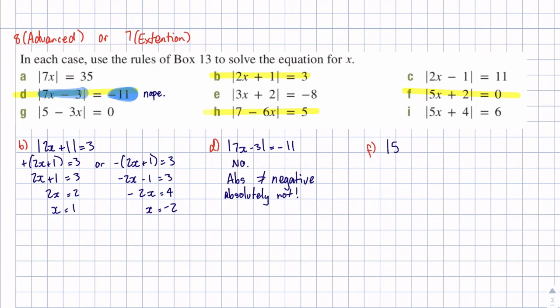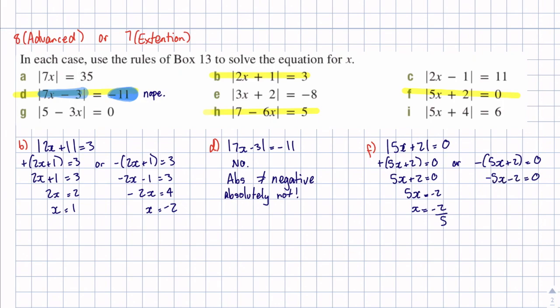This one, the absolute value of 5x plus 2 equals 0. I can do that. So positive 5x plus 2 equals 0, or negative 5x plus 2 equals 0. So 5x plus 2 equals 0, 5x equals negative 2, x equals negative 2 fifths, or negative 5x take 2 equals 0.